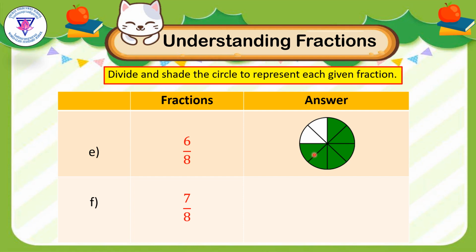So 6 colored parts out of 8. 6/8. The last one is 7/8. So you need to color only 7 parts out of 8. We have 1, 2, 3, 4, 5, 6, 7. 7 colored parts out of 8.